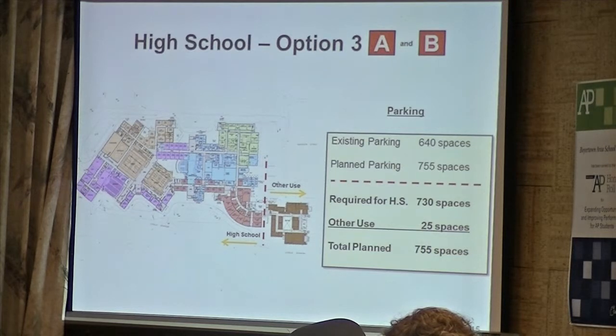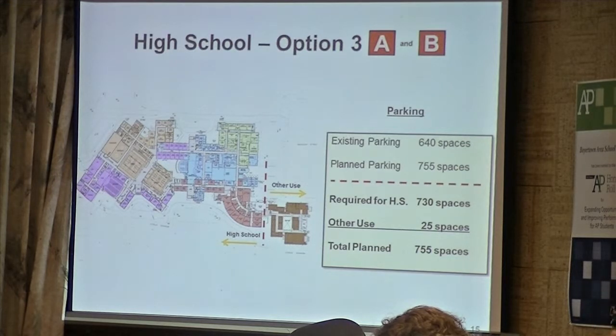Now, looking at the parking now that we're at the existing building, I think we talked a little bit about this last time. The existing parking spaces that we have on site, on the high school site, are 640 spaces. What we have currently planned in our design is 755 spaces.